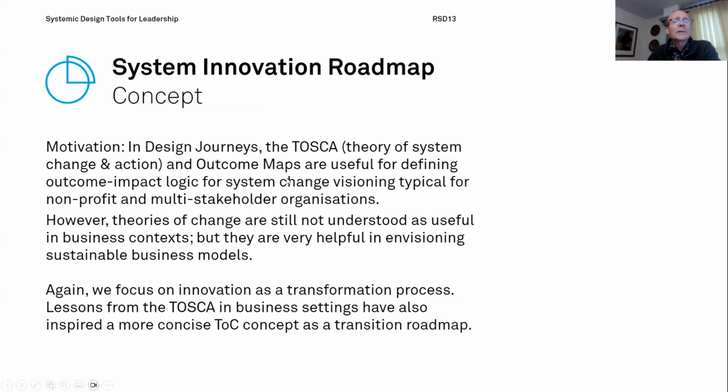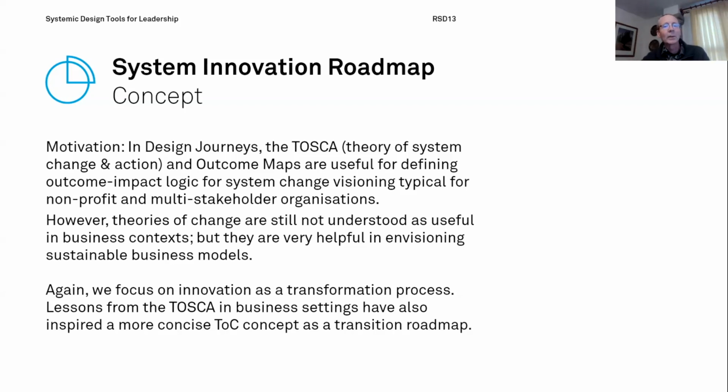And so this TOSCA, the theory of system change in action that we've developed, is a systemic theory of change. We've developed that in the book, and also outcome mapping, and they're useful for people to learn this outcome impact logic from a theory of change. And that's typical for nonprofits. It's kind of their business model pitch to a foundation, their theory of change.